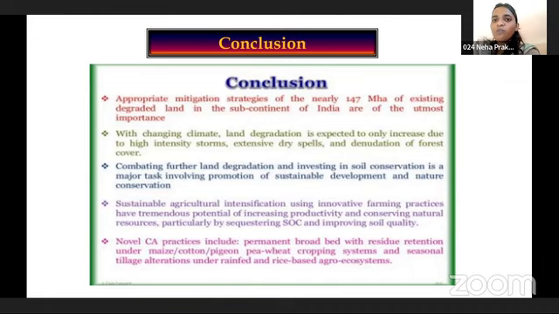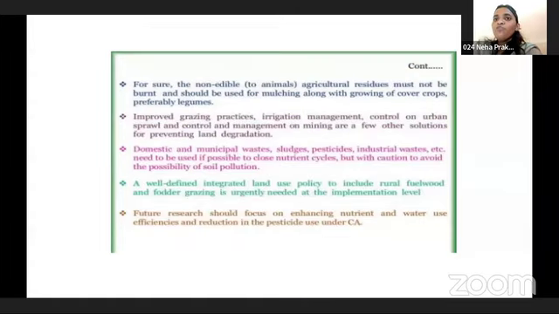We have to shift from conventional to conservation. Just reducing tillage practices helps to sustain the soil quality also. For sure, non-edible agricultural residue must not be burned and should be used for mulching. Instead of burning crop residue, shifting to mulching is a main important factor by which we can sustain our soil system also.